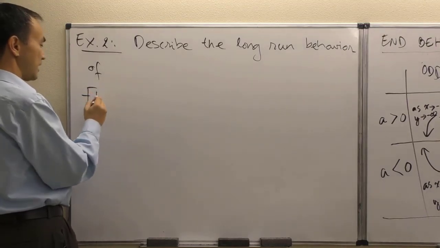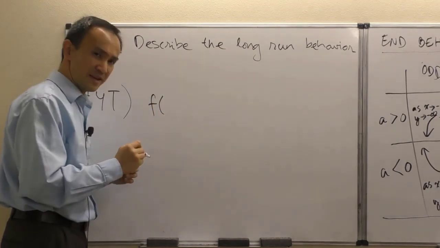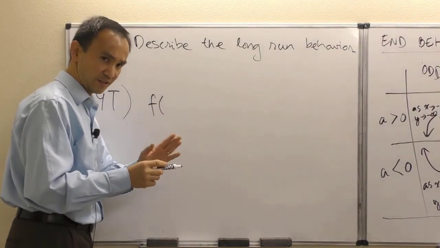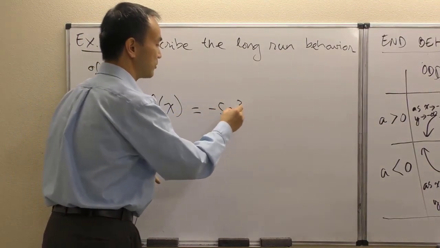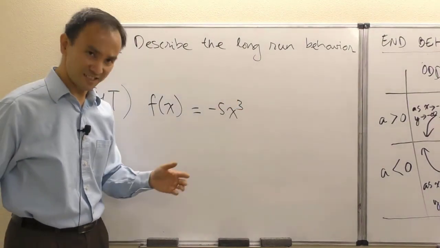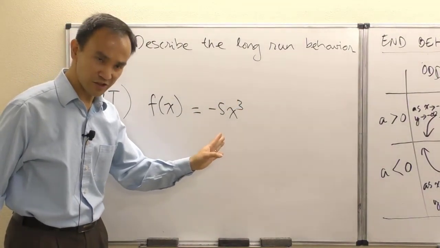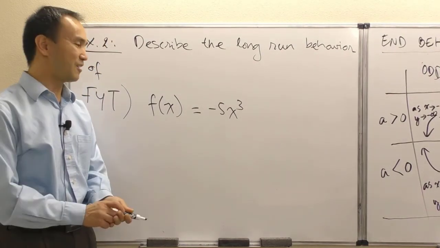For this one, after writing down the function, I'm just going to stick with the computer screen and show the final answer, and hopefully you will agree with mine. So it's minus 5x cubed. Now you have enough reasoning here. Go ahead and pause the video to make your own chart and then come to your own decision. Then I will hop over to the computer screen and generate the final answer.